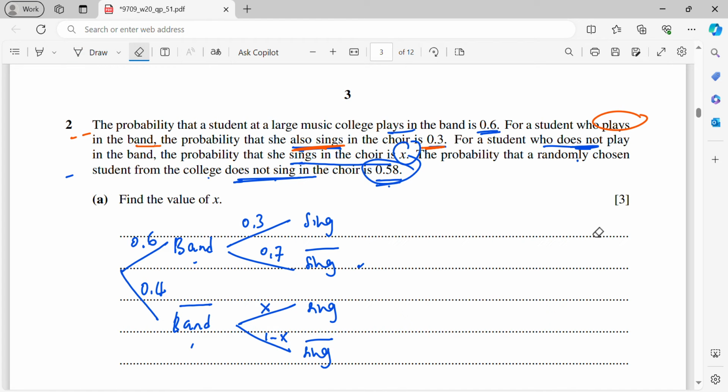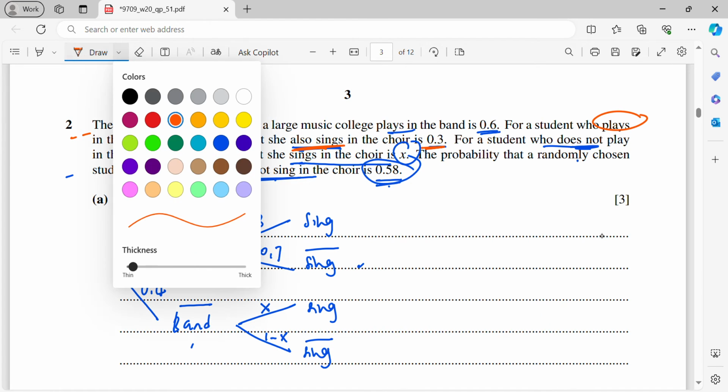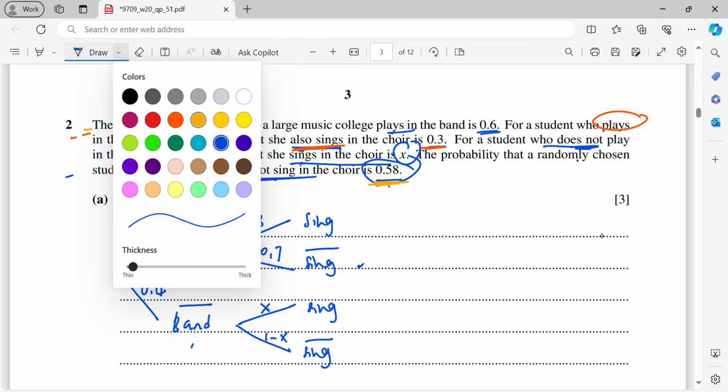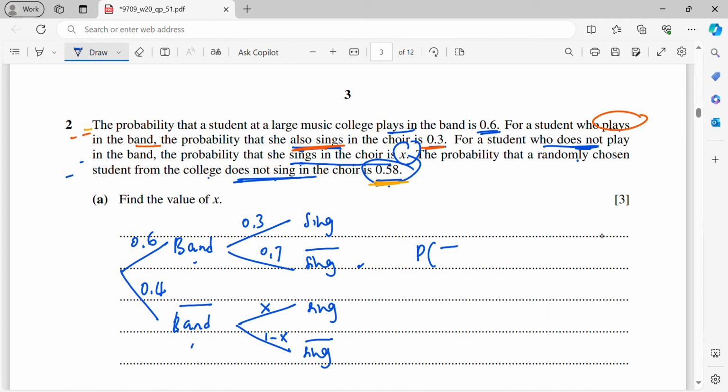So now it's mentioned that the student does not sing is 0.58, and now from here you need to find out what is your X. So I will just write here, probability does not sing is 0.58. So does not sing, it could be either plays in the band or does not play in the band.